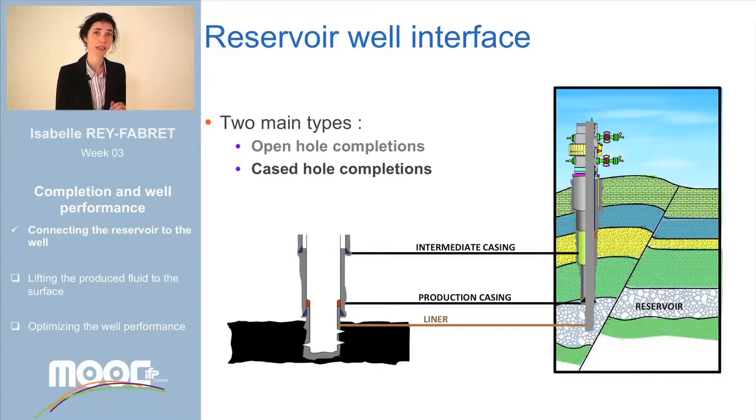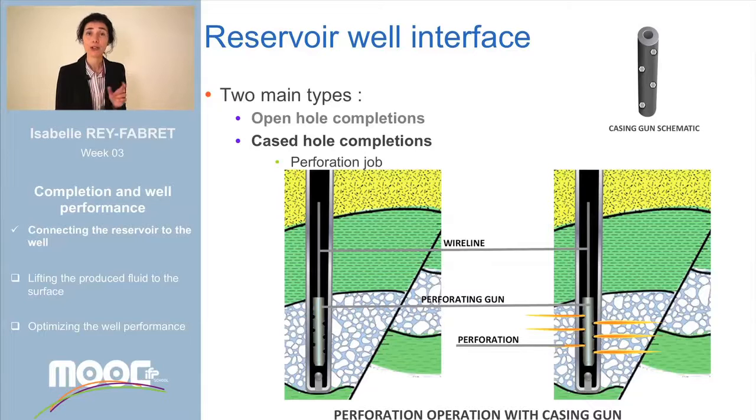On the contrary, a cased hole completion is based on the installation of a liner at the level of the reservoir to be produced. In this case, the reservoir is isolated from the well at the end of the drilling phase. In order to open the connection for the production, a perforation job is necessary.